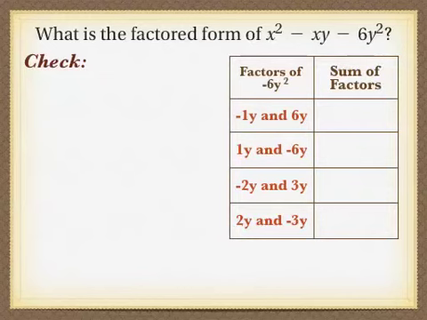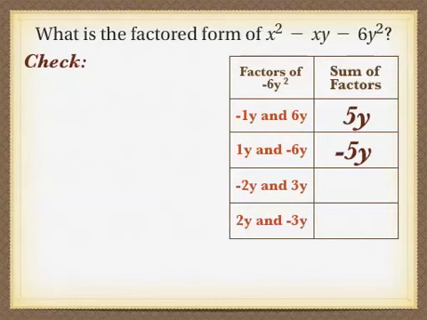This next example says, what is the factored form of x squared minus xy minus 6y squared? This time we need to have factors of negative 6y squared that have a sum of a negative y. Negative 1y times a positive 6y would give you negative 6y squared, but they would have a sum of 5y. 1y times negative 6y would have a product of negative 6y squared, but their sum would be a negative 5y.